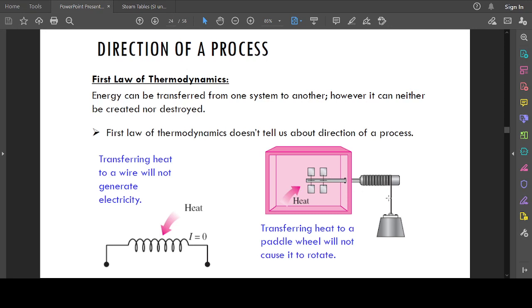Rather, if this system is in operation, then the friction generated by the movement of this paddle and other things can cause some part of the mechanical energy to be lost as heat. So this is why the second law helps us to know the direction of the process.